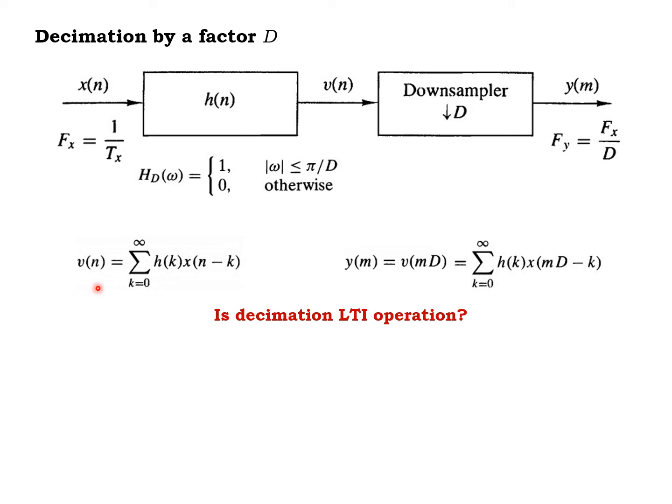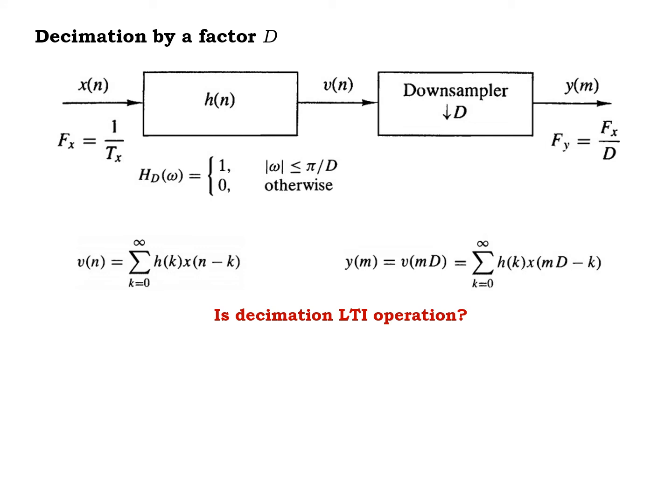Now we consider the output of the system, v of n. v of n is equal to the convolution of the impulse response and the input of the system. So what is y of m then? The same thing, v of n convolved with h of n, but with the downsampling factor D.